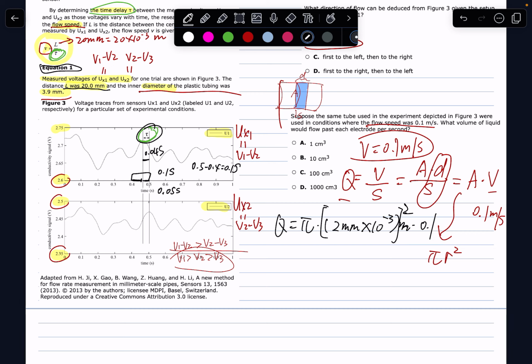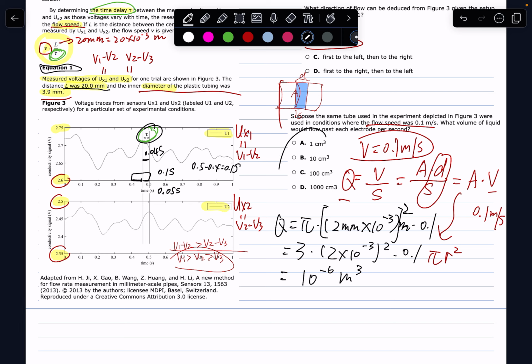And I'll just round pi to 3. That's 3 times 2 squared, times 10 to the negative 6, times 0.1. So that will give me the final answer, in meters cubed per second. So that will be my final answer.